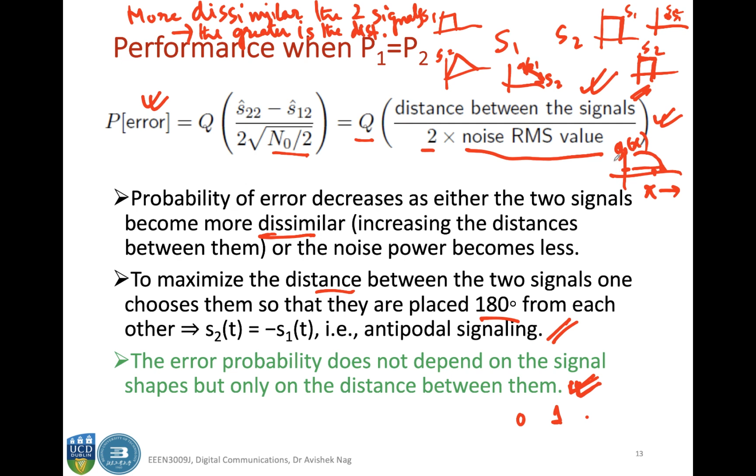So this is true for any two pairs of signals.